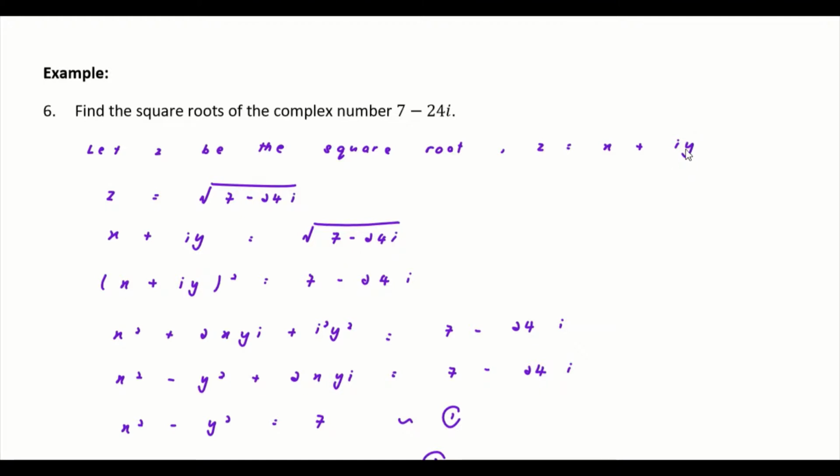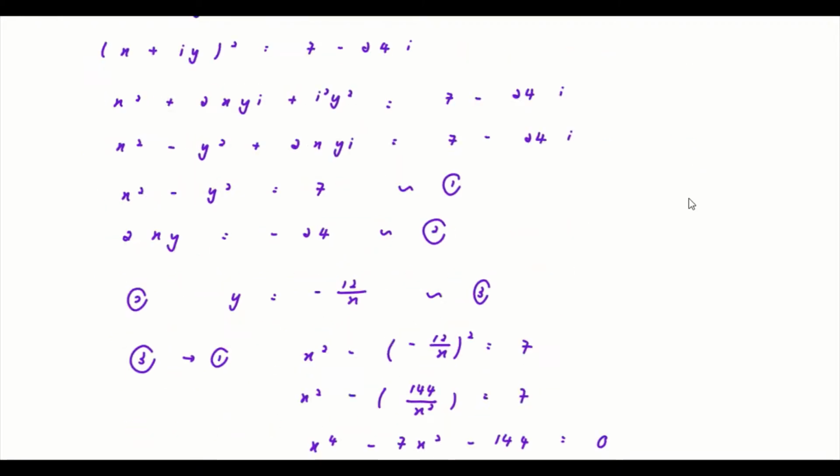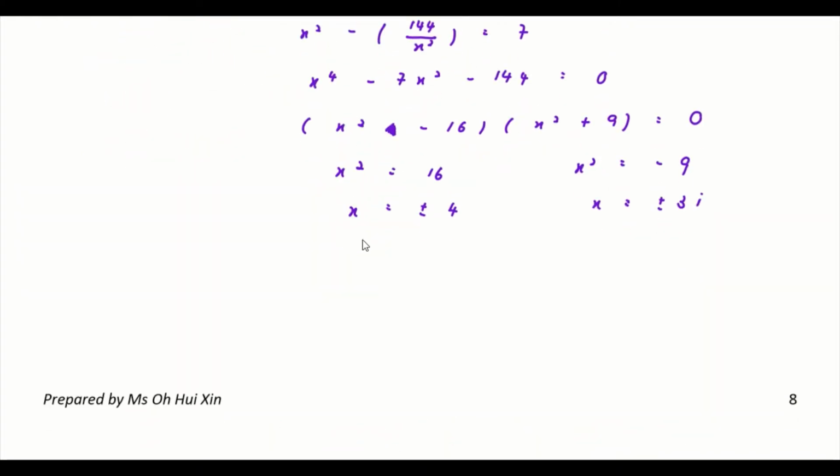If let's say you are getting something with i for your y, then i times i, isn't it you don't have any imaginary number anymore? That's why your x and y must both be real numbers. So x is real. So I should choose that x is equal to plus or minus 4.